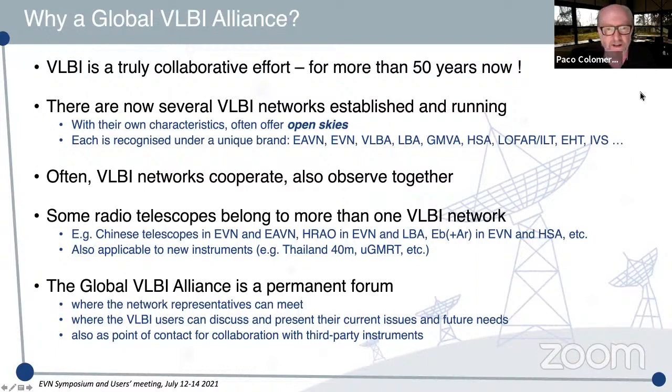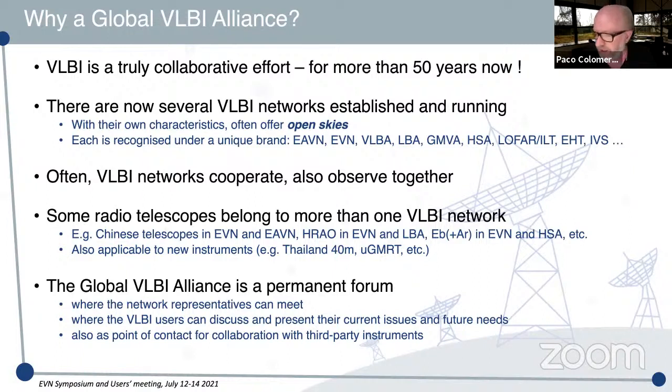As we say many times, these different networks cooperate, and even observe together.